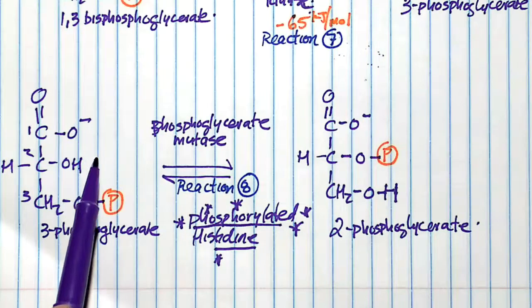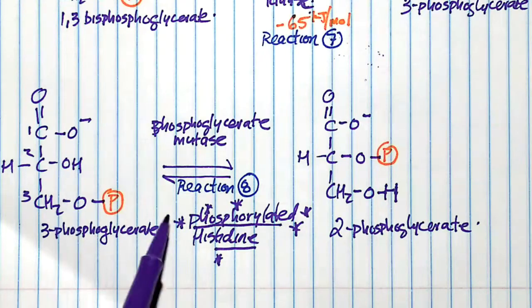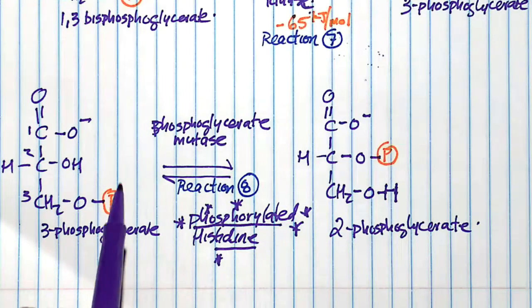The phosphorylated histidine catalyzes a phosphate interchange, where the phosphate substitutes from the 3 carbon to the 2 carbon. And this histidine, with its phosphorylated group, mediates that exchange. So that's reaction 8 of glycolysis.